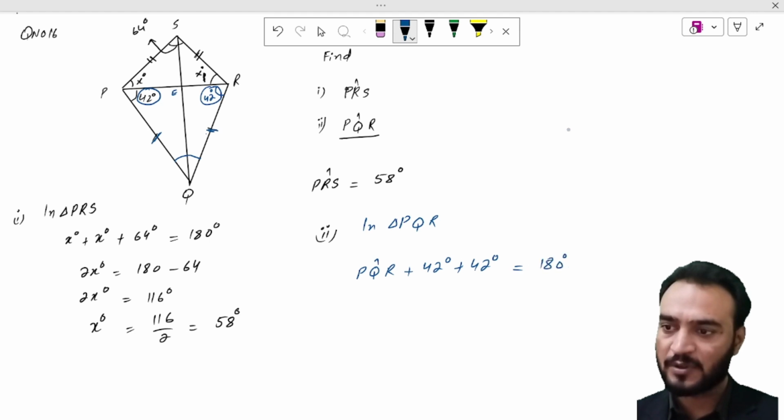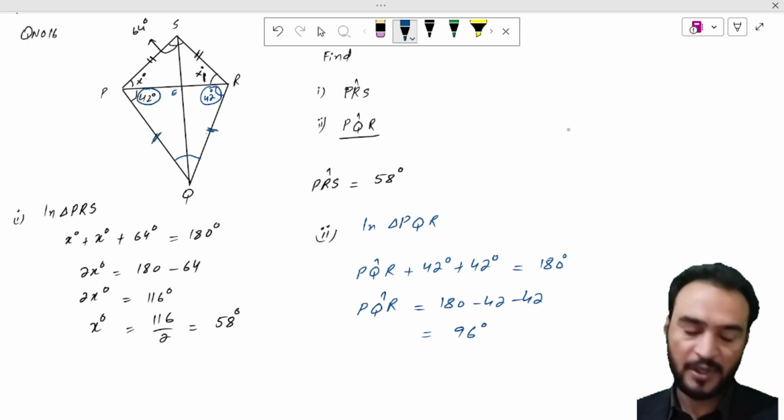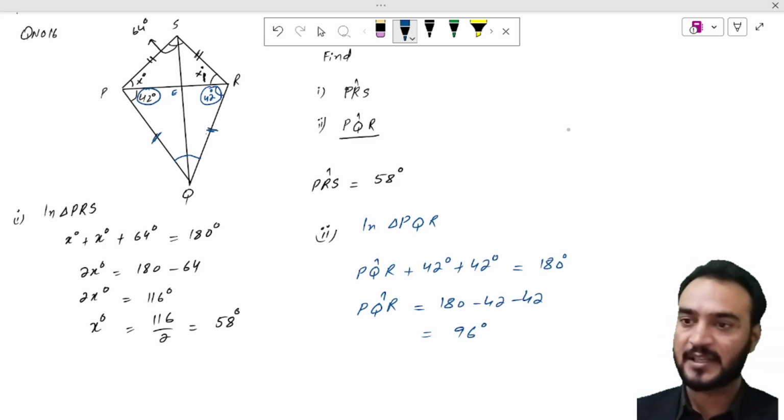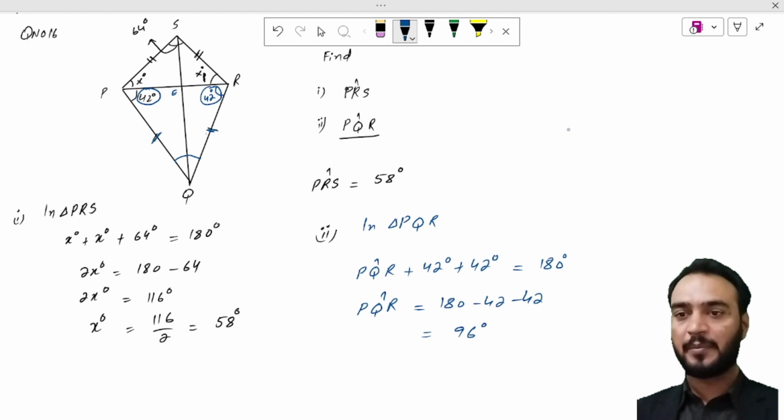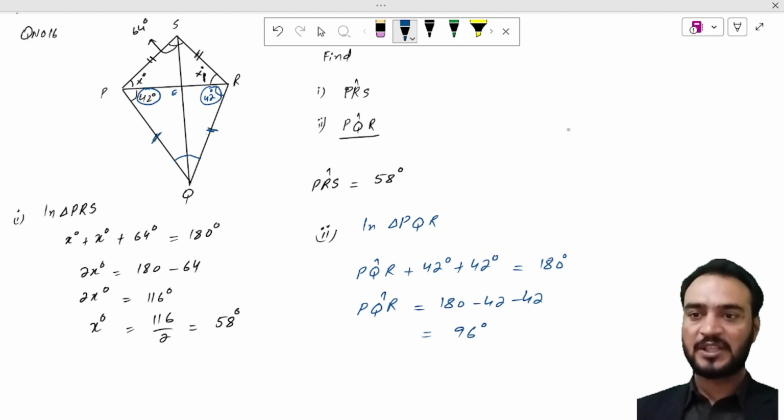We put the sum equal to 180 degrees because these are the interior angles of a triangle. So PQR is equal to 180 minus 42 minus 42, and this becomes equal to 96 degrees. So angle PQR is now equal to 96 degrees. This becomes the answer of question number 16. And with question number 16, exercise 11B comes to its end.